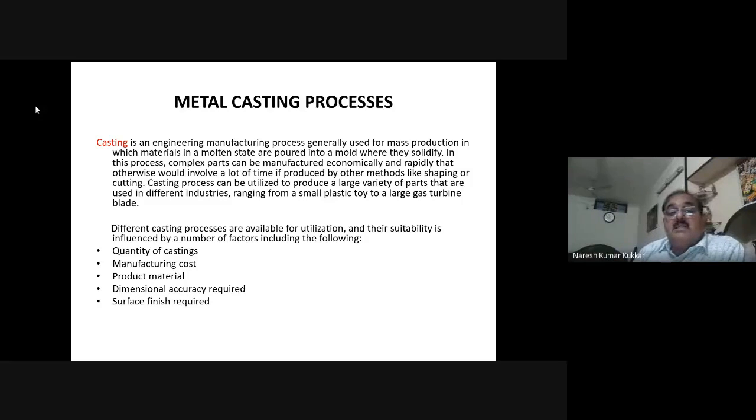In this process, complex parts can be manufactured economically and rapidly that otherwise would involve a lot of time to produce by other methods, like shaping or cutting.